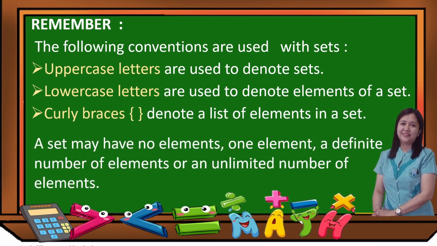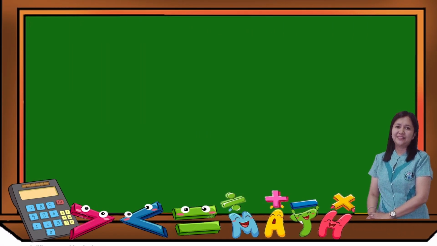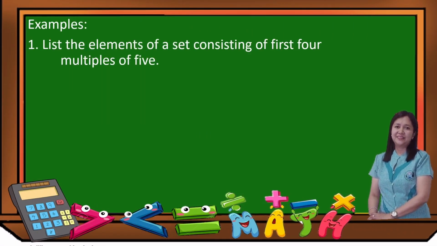Class, a set may have no element, one element, a definite number of elements, or an unlimited number of elements. Examples. List the elements of a set consisting of first four multiples of 5.